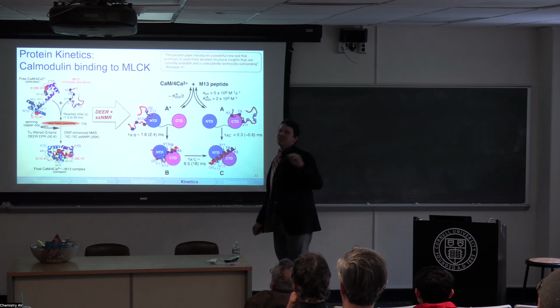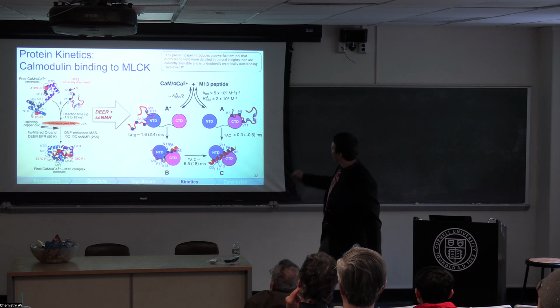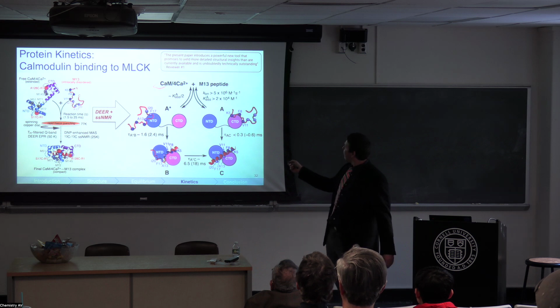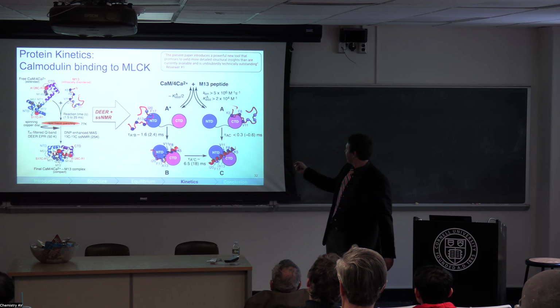Now, at last, it comes down to putting the missing pieces together. This is how we should annotate it. We go on, calmodulin mixing with our substrate, which can now interact. Either the C terminus from the substrate can interact with the N-terminal domain from calmodulin, or the C-terminal domain of calmodulin can interact with the N-terminal domain.